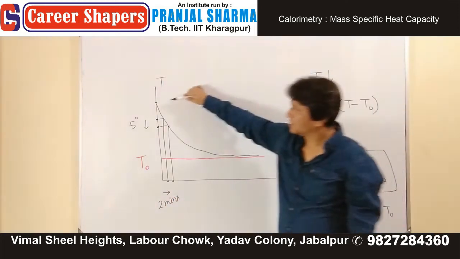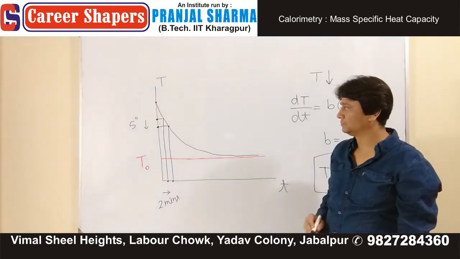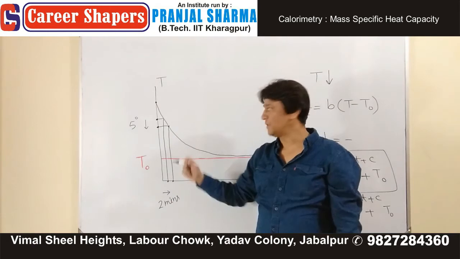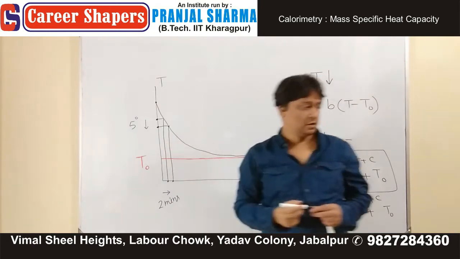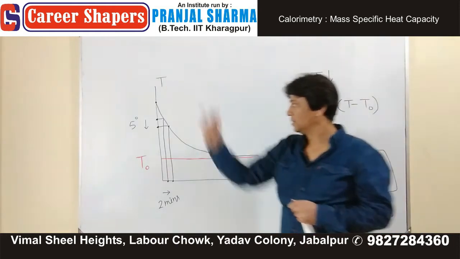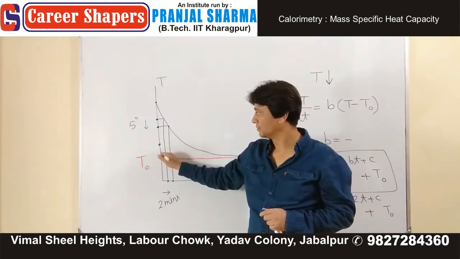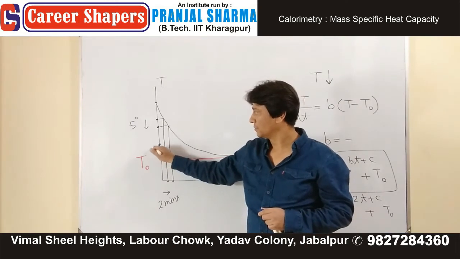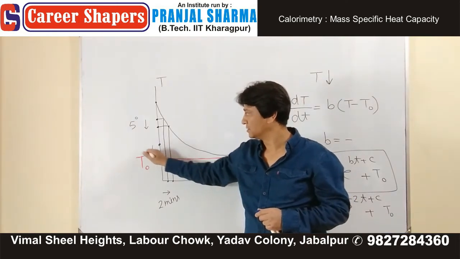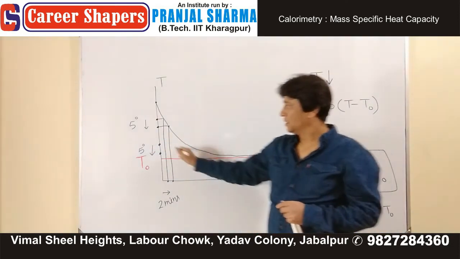Now, as temperature decreases, as the body cools down, let's go for the same 5-degree drop again. If you go for the same 5-degree drop right here, this is again 5 degrees. But look at the time.